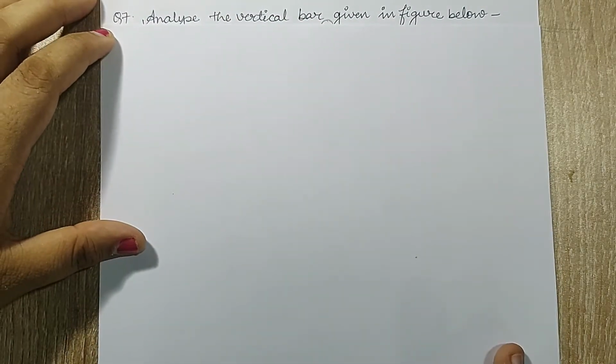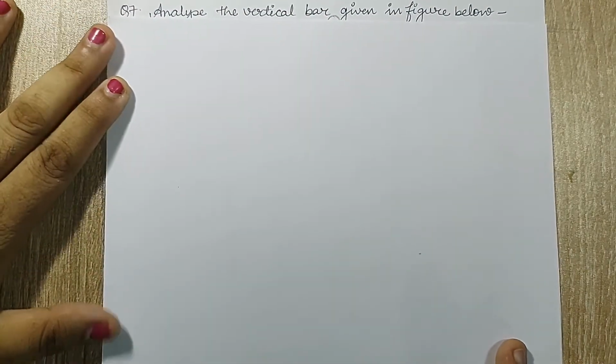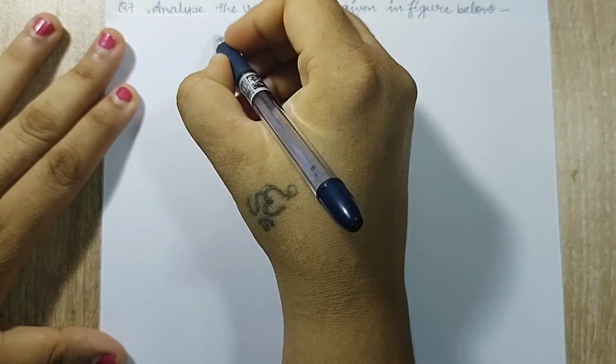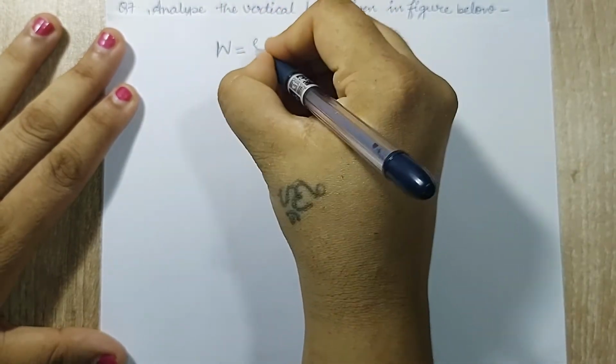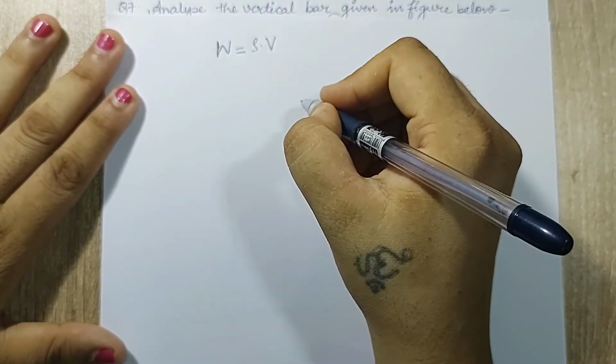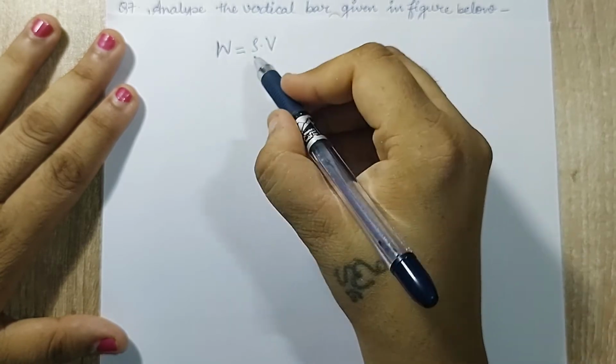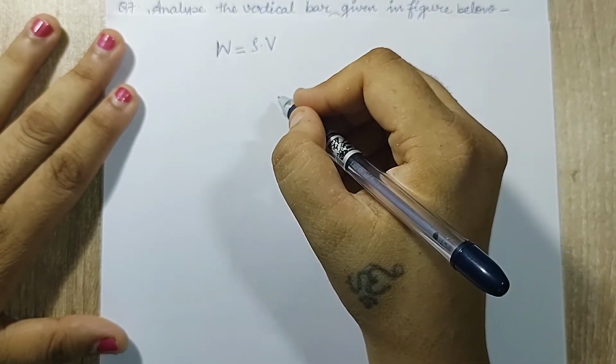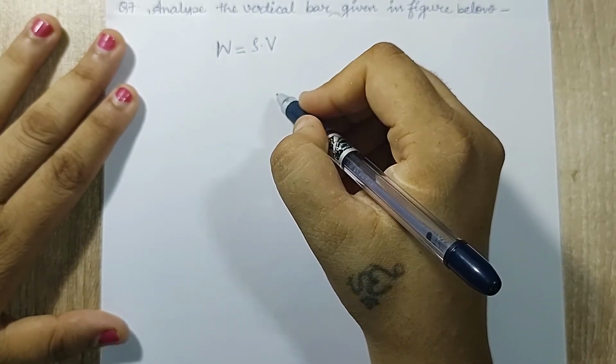Now next I'm going to go for the weight calculation. So I'll write down weight is equal to rho into V. This is a formula which is known to you. Rho is the specific weight and V is the volume.